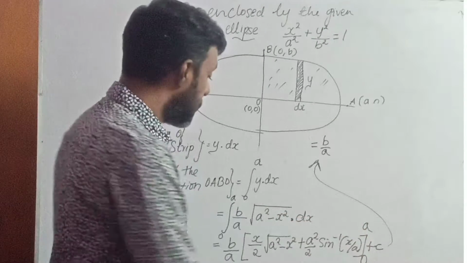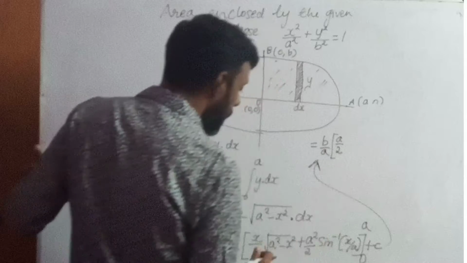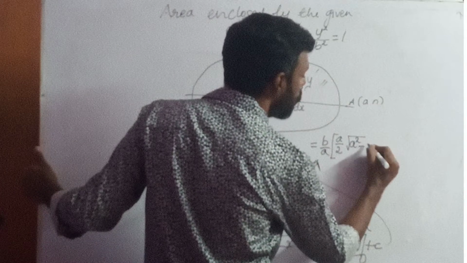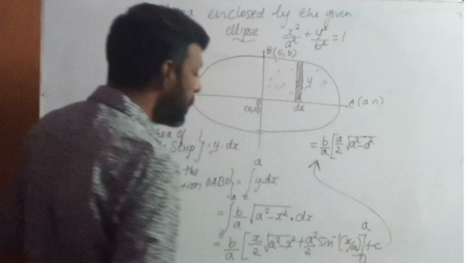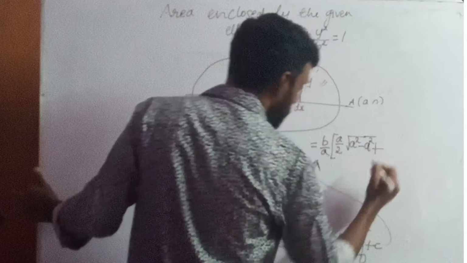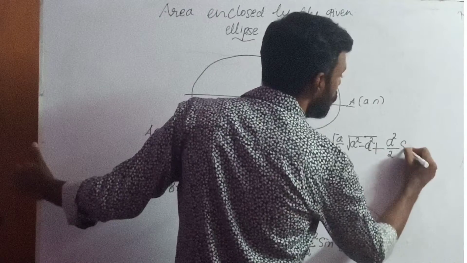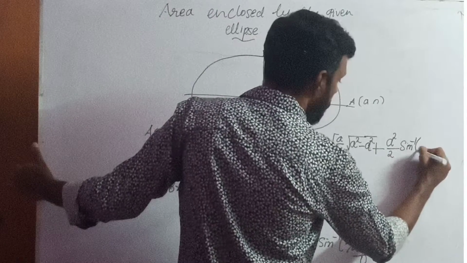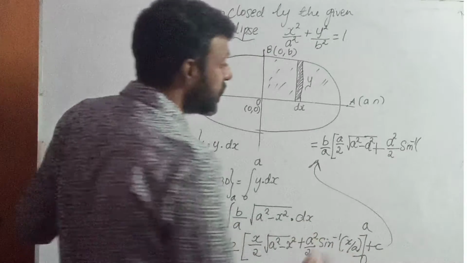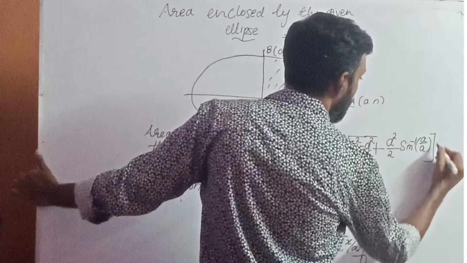So it will be a divided by 2 into root of a squared minus x squared, and root of a squared minus x squared will be a squared minus a squared, plus a squared divided by 2 into sine inverse of x, and I am going to substitute x with a. So sine inverse of a by a plus c.